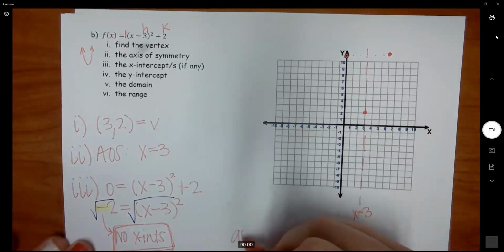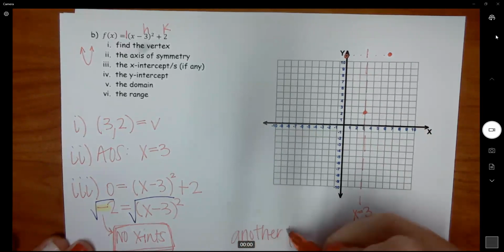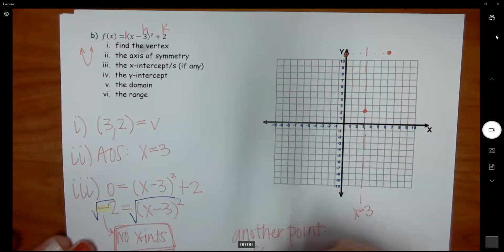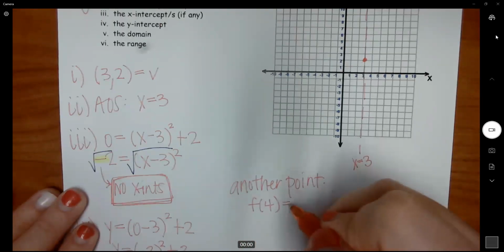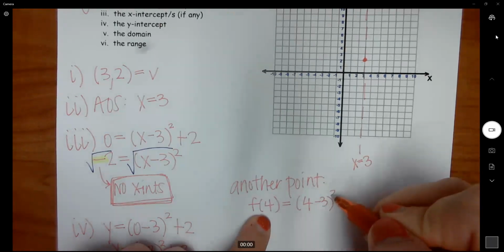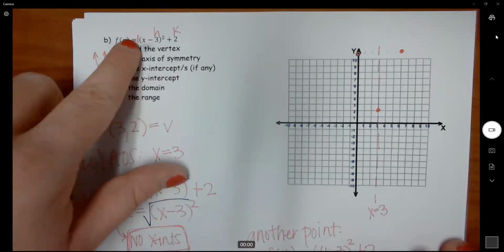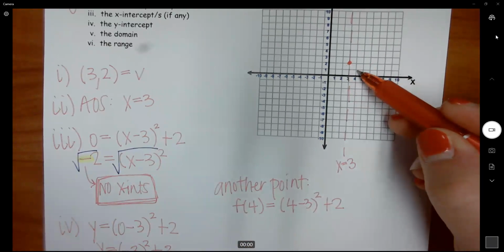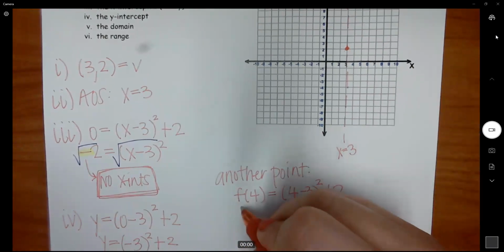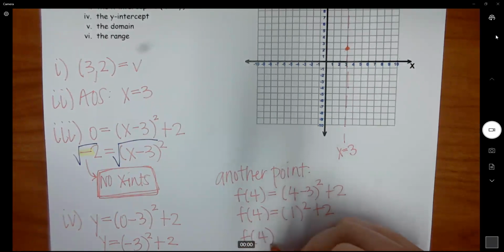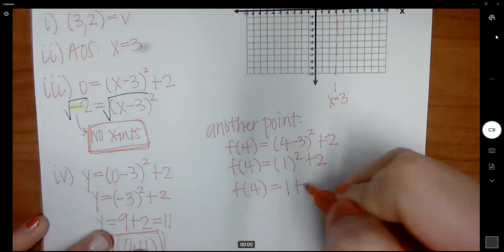I'm going to go f of 4, which means replace your x with 4. So I have 4 minus 3 squared plus 2. I just replaced this x with 4, and I picked 4 because I know it's 1 over from that vertex. So I get 1 squared plus 2, which is 1 plus 2.